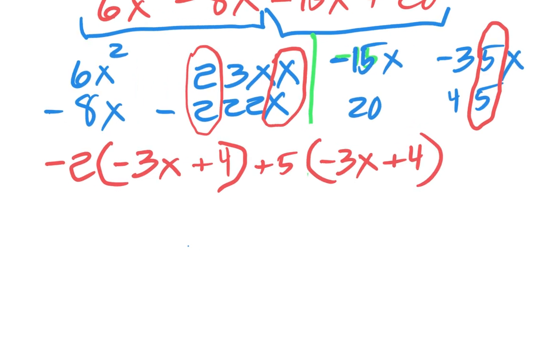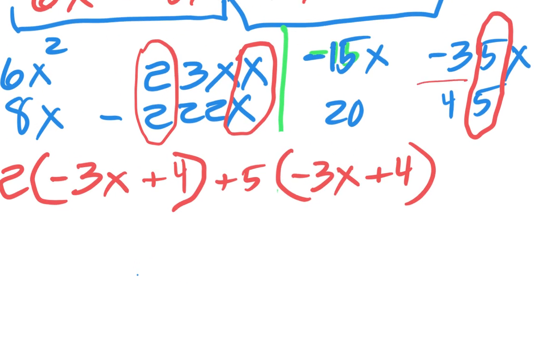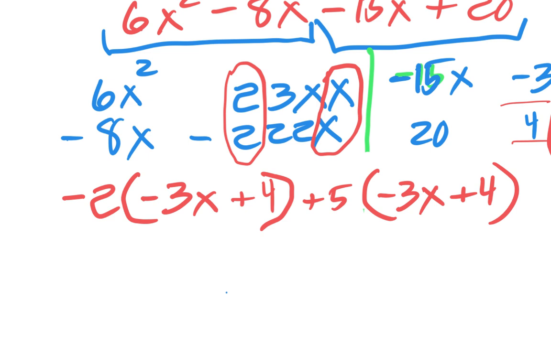Now I can find what goes in my parentheses just by looking at what is not circled. So once again, I have my common factor of negative 3x plus 4. And what do I have left?